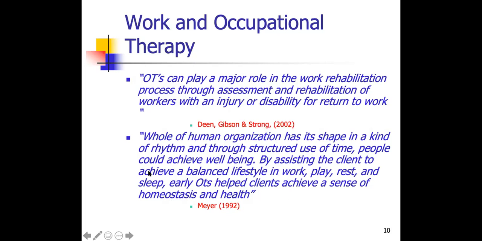So if you are able to assist your patient to balance their lifestyle in work, play, rest, and sleep, you can help your client achieve homeostasis and health. Homeostasis is balance. They can achieve balance in life.